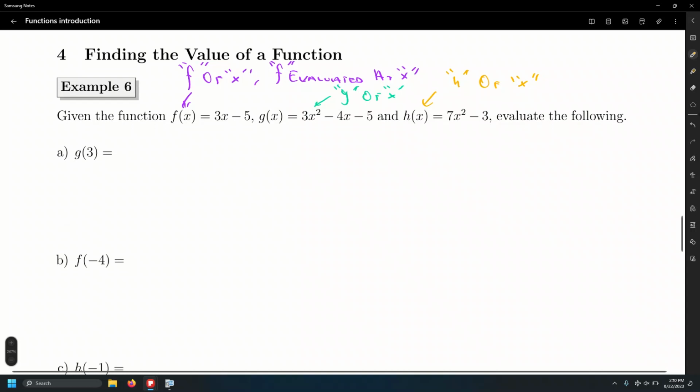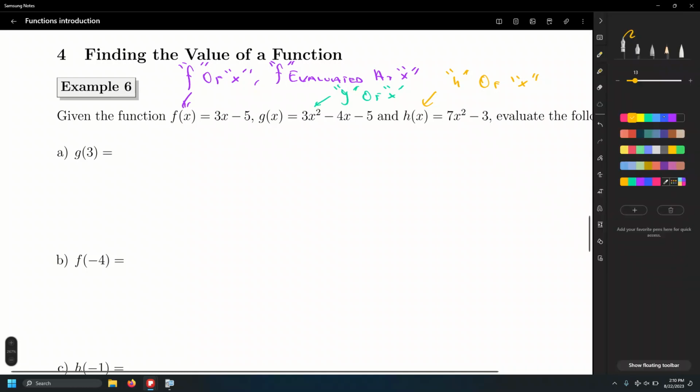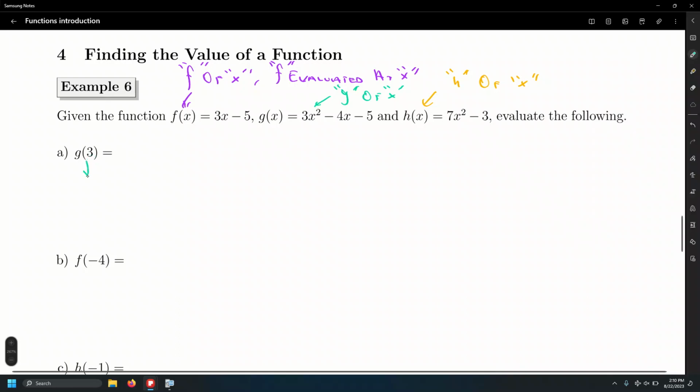Now, here is the thing. We have a couple of instructions here: g parentheses 3, f parentheses -4, h parentheses -1. So this is what the instruction means. This means evaluate the function g at x equals 3.